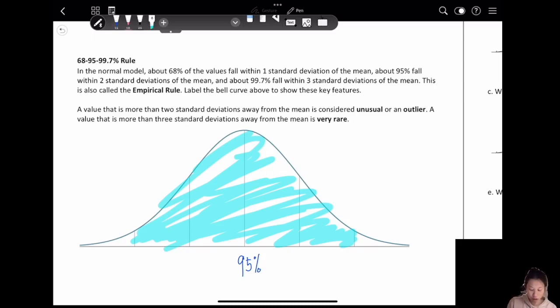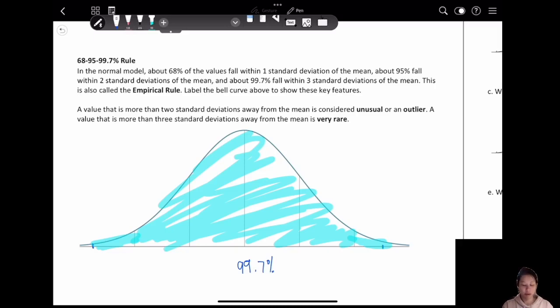Where's this 3? It didn't label here, so let's assume it's here. That means the data is going to fall to here, 99.7%. This is called the Empirical Rule.